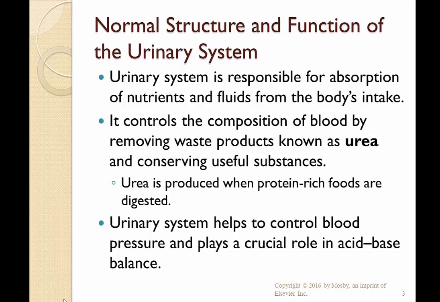It helps control blood waste, and it removes byproducts such as urea, and it conserves other useful substances. Urea is produced when we eat protein-rich foods, and the urinary system also helps control blood pressure and plays a role in the acid-base balance.